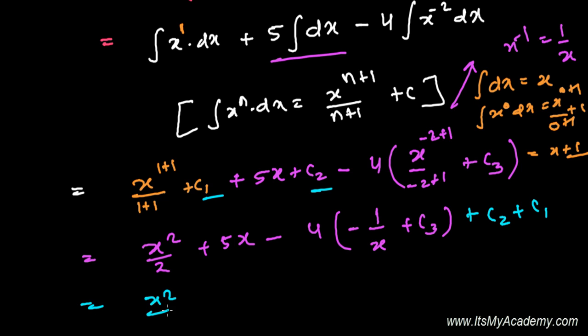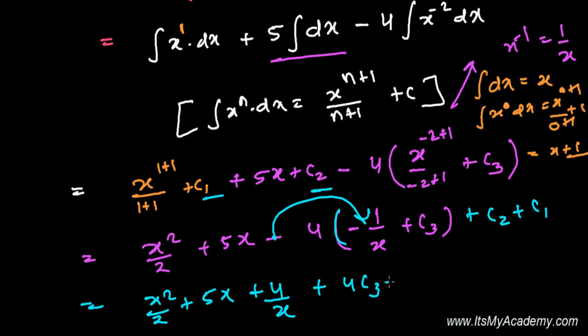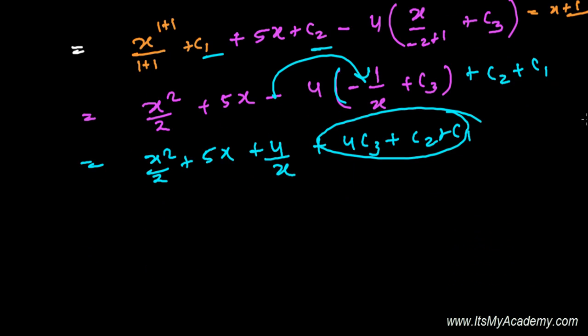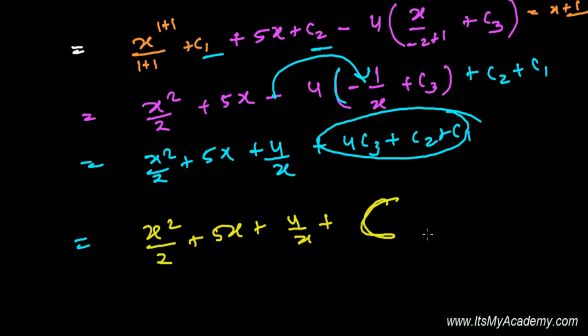Now x square over 2 plus 5x, and this 4 times minus 1 by x, so minus times minus will give plus 4 over x, and this 4 will multiply c3, so 4 times c3 plus c2 plus c1. Now all these are just some arbitrary constant. So together I'm just writing x square over 2 plus 5x plus 4 by x plus a big constant. All right, and that's it.